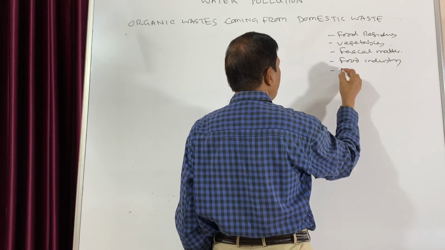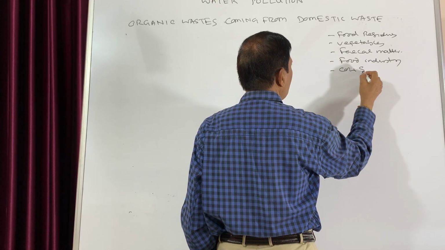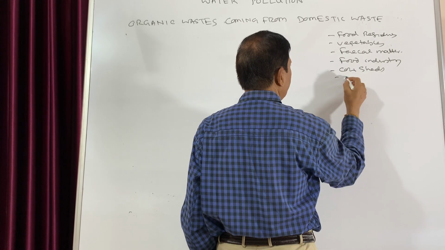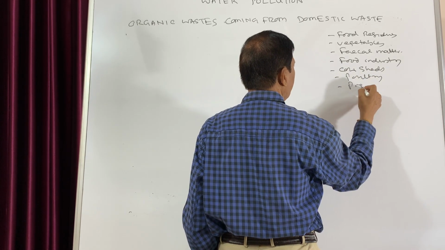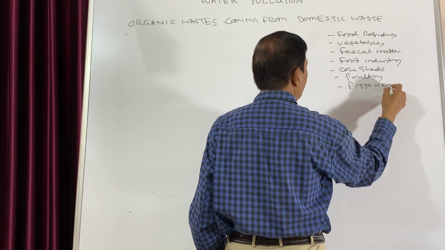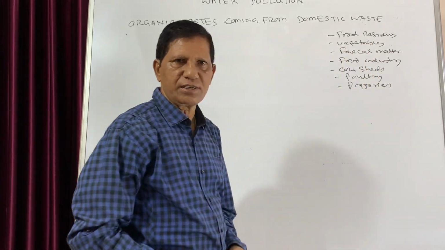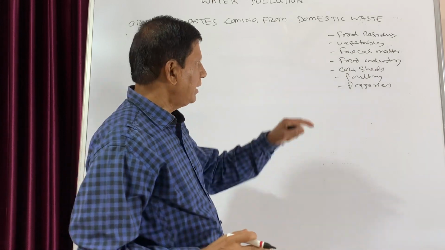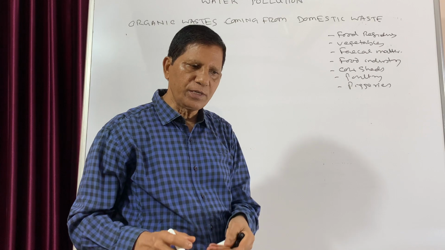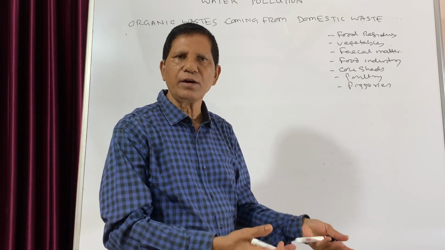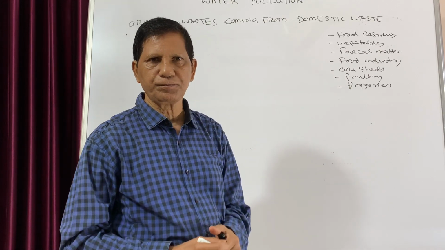It comes from the cow sheds, then poultry, piggeries. So these are the different sources from which the different types of organic materials come in the form of a drain and ultimately give rise to sewage.